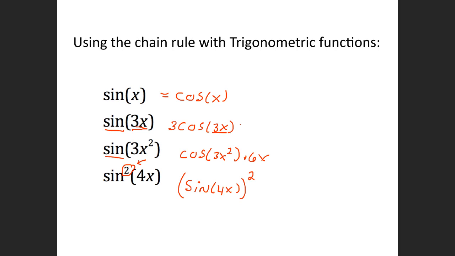Okay? So now, what does this mean? It means I'm going to bring the 2 down. I'm going to leave the middle alone. And that's to the first power. Then I'm going to take the derivative of this. But remember, the derivative of this, you have to use the chain rule also.